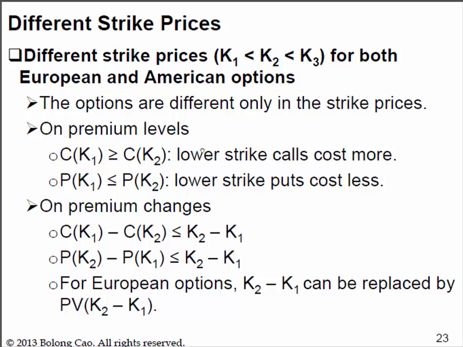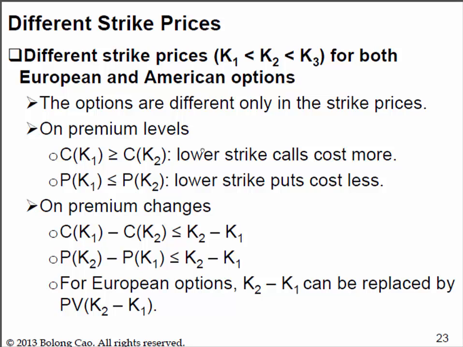This is the opposite for puts. We know that put options are insurance, and for good insurance, it's better to start to pay out for damage at a higher level. So if the strike price on the puts is lower, then the low strike puts will cost less.